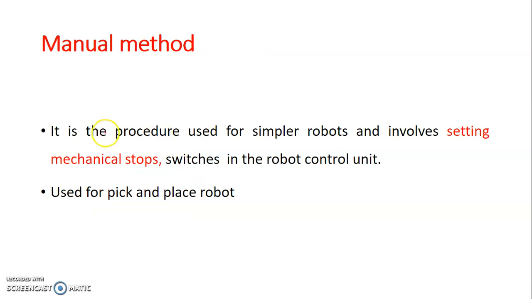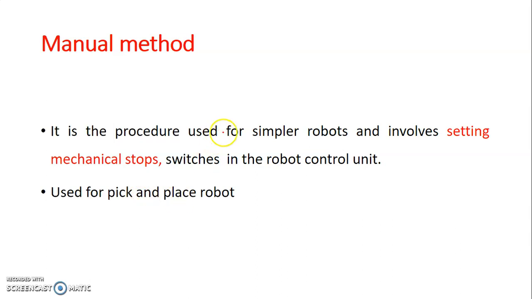It is the procedure used for simpler robots and involves setting mechanical stops and switches in the robot control unit, used for pick and place robots. So how do you do the manual method of programming? Is it entering data manually into the computer to feed the programming into the robot? No, it is not like that.